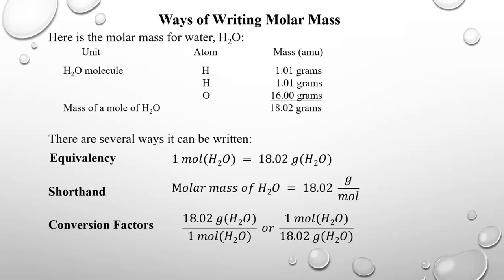And you create conversion factors simply by taking the equivalency and putting one side over the other and then flipping it. So 18.02 grams of H2O for every 1 mole of H2O, that's a true statement. Or there's 1 mole of H2O for every 18.02 grams of H2O. It's basically saying the same thing in 2 different ways. And we'll see what the significance of that is very soon.